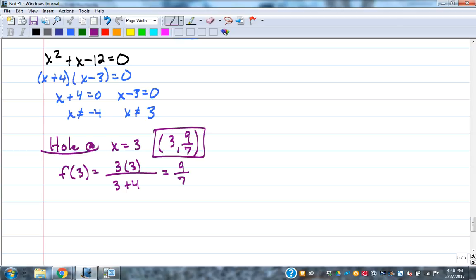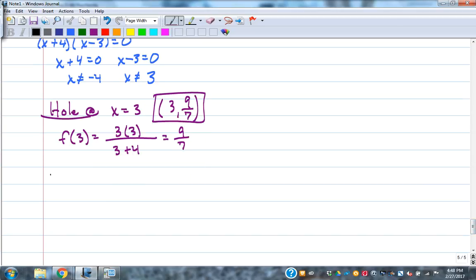After we found the hole, the next things that we're going to work on together are vertical asymptotes and then horizontal and obliques. So vertical asymptotes. Where is the one or ones? At x equals 4. That's the only thing.